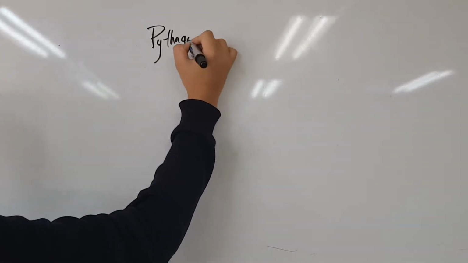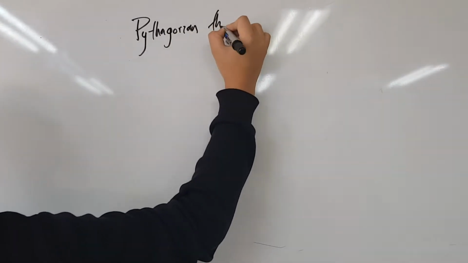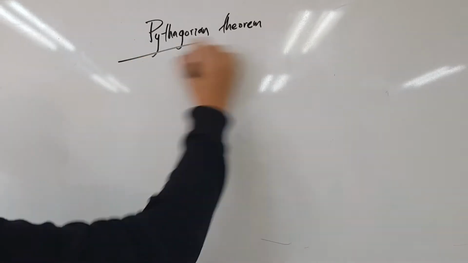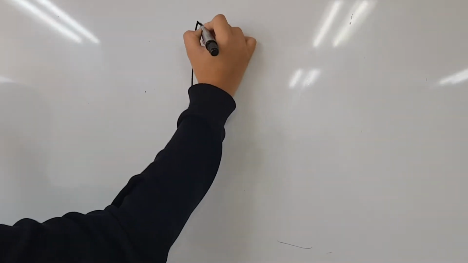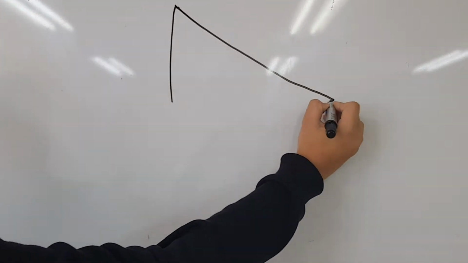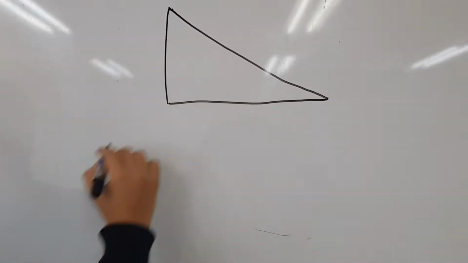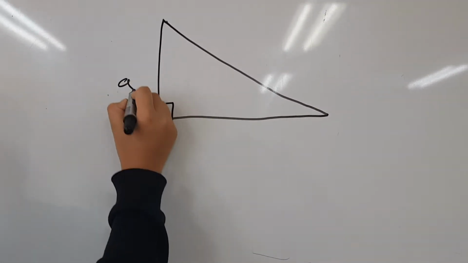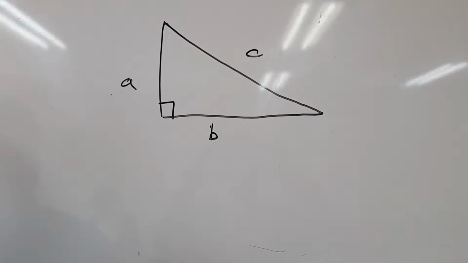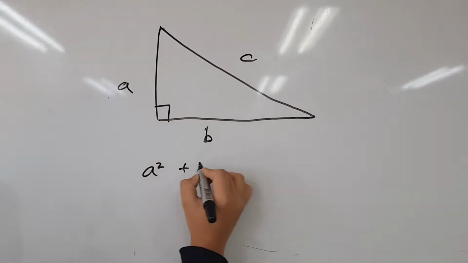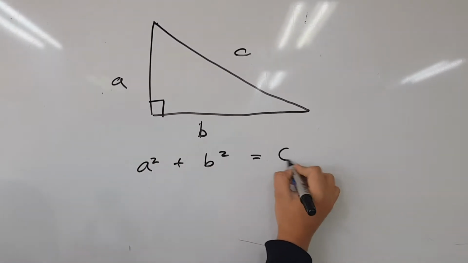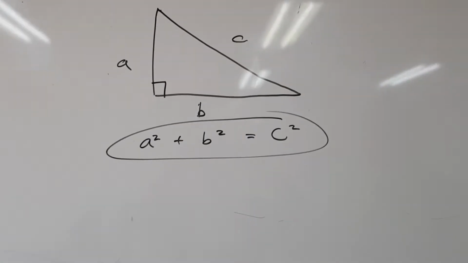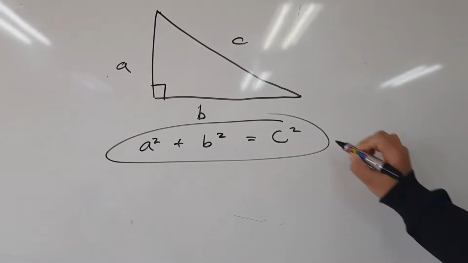Determining acute and obtuse angles relies its basis on the Pythagorean theorem. The Pythagorean theorem states that if you have a right triangle, like so, you can get the following equation. Consequently, the inverse of that theorem tells us that once a triangle matches this equation, the triangle is a right triangle.